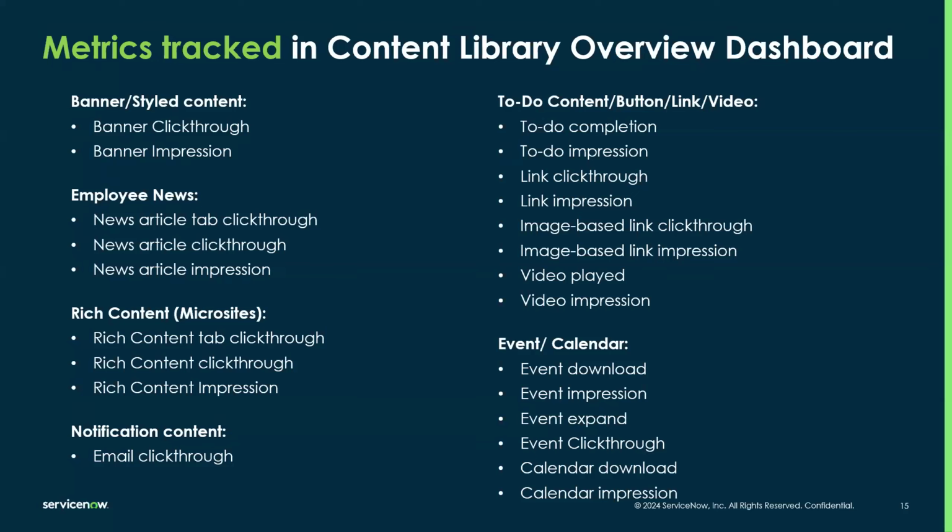That's an impression. If they actually click on the banner and go wherever it is linking to, that's a click-through. Similarly, news articles have tabs that you can create. Even rich content has tabs. So we're also tracking tab-level click-throughs. But mainly it is the impressions and the click-throughs.